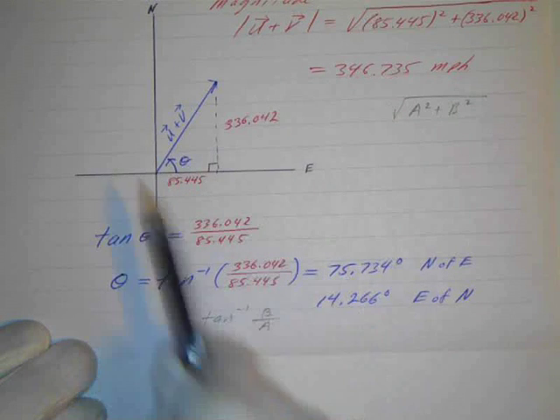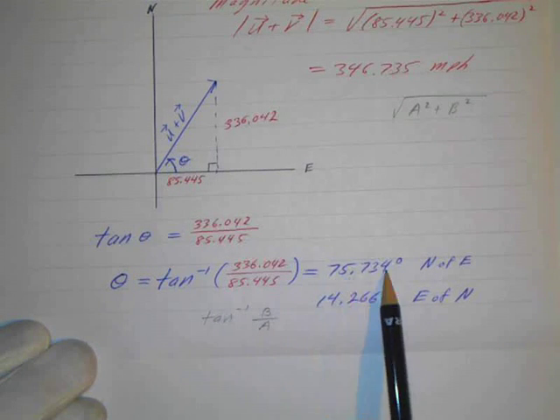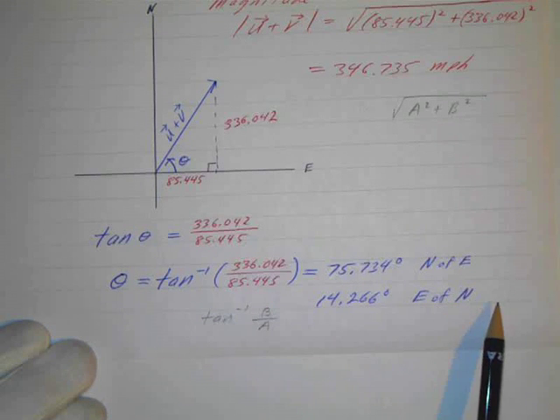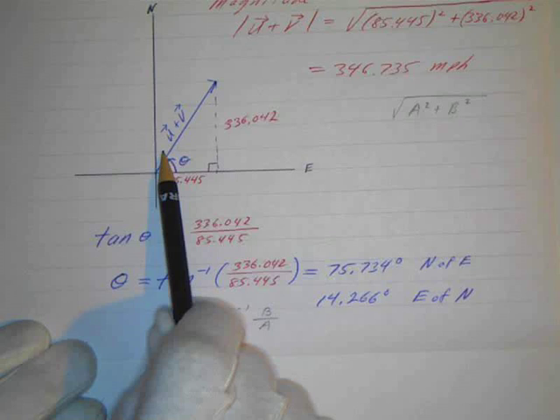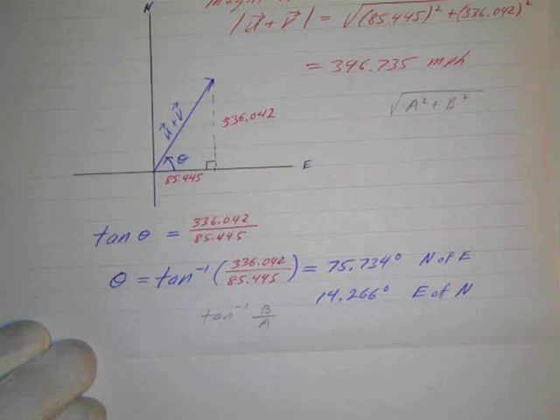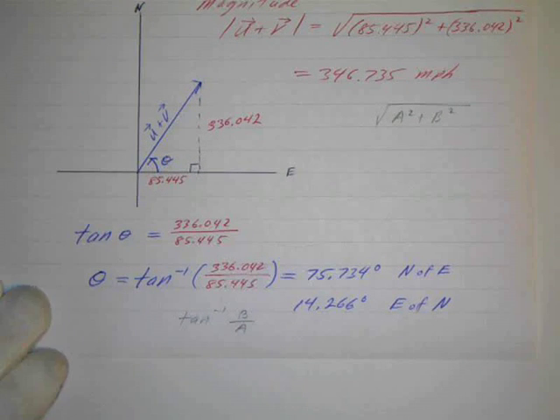So this angle would be 75 degrees north of east, but we usually do it relative to north, so if we subtract, this angle would be 14.266 degrees east of north. So we usually do everything relative to north or south. Okay? And that's how you get your direction. Hope that makes sense.